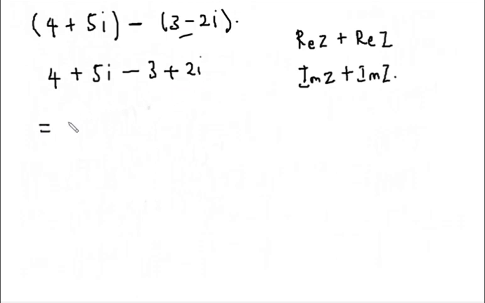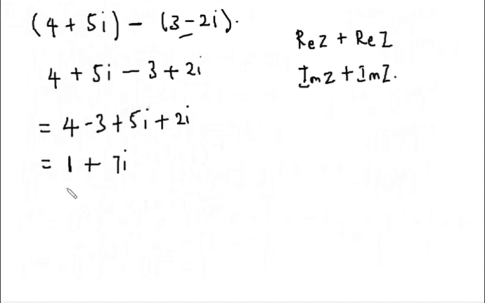So this is equal to 4 minus 3 plus 5i plus 2i. Okay, so 4 minus 3 is equal to 1, and then 5i plus 2i is equal to 7i. So basically we cannot add the real part and the imaginary part, so this is our final answer.